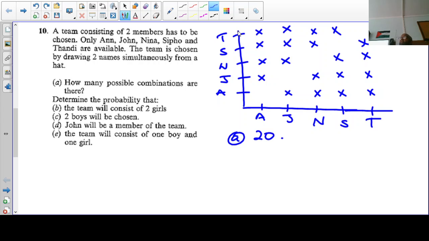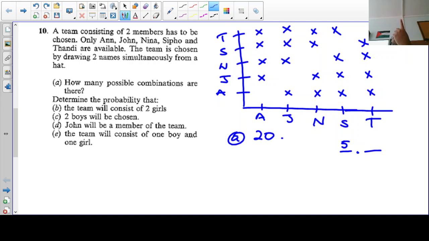Otherwise, we could have said, okay, there are two places or placements for the team. How many options do I have for the first placing? 5. We have 5 people to choose from. Now, say for argument's sake, I've chosen N on my first draw. Then how many options do I have left? 4. What if I have chosen John in my first draw?